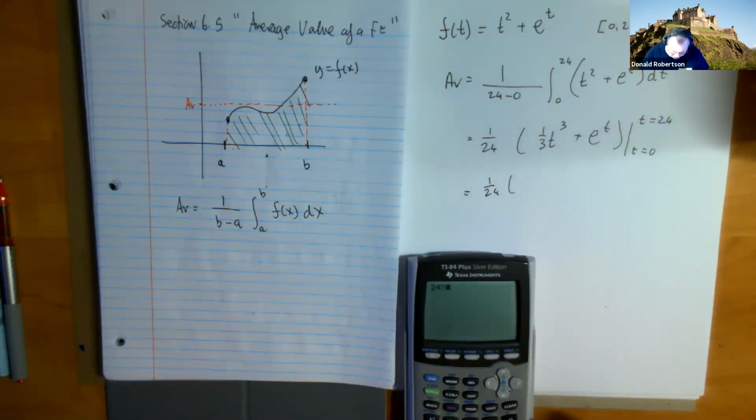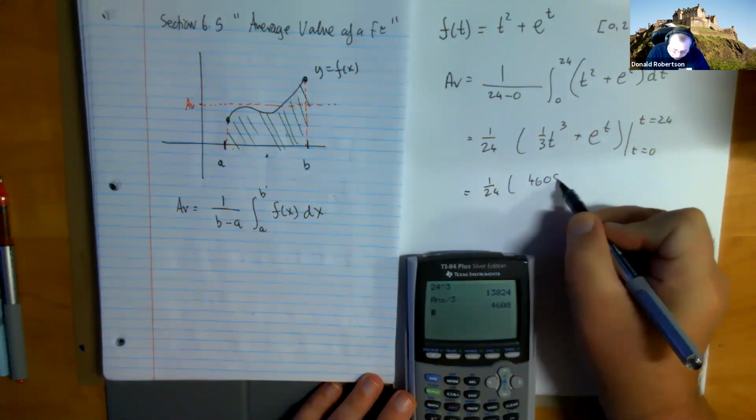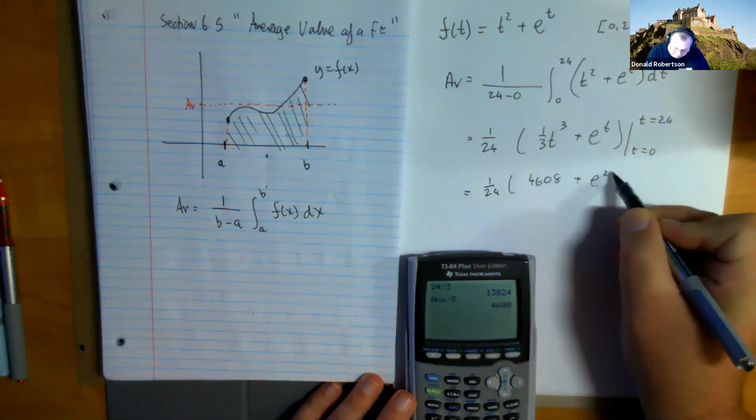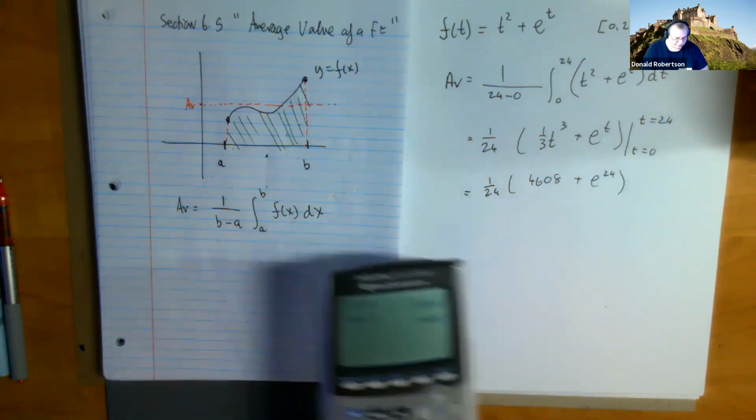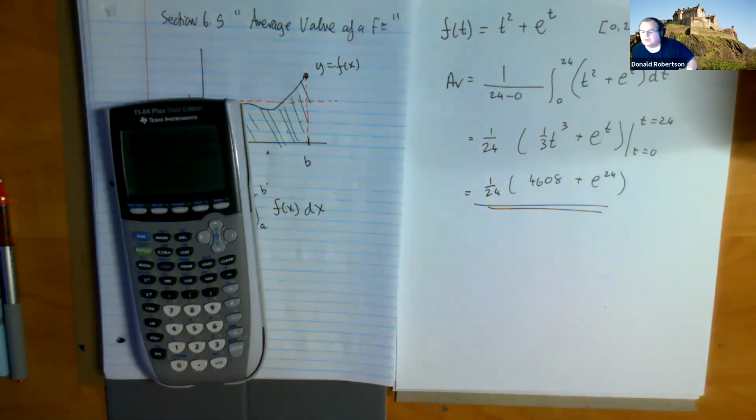So there's 24 cubed, and I'm going to divide that by 3. And I get 4608 plus e to the 24. And that's your answer. I do not want decimals, which means e to the 24 is just going to stay as e to the 24.